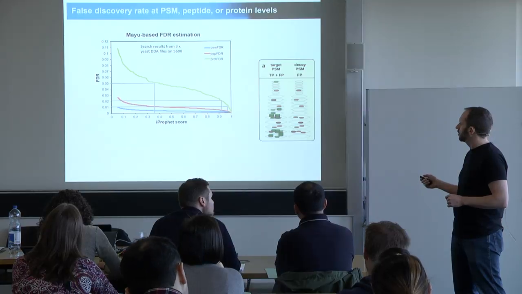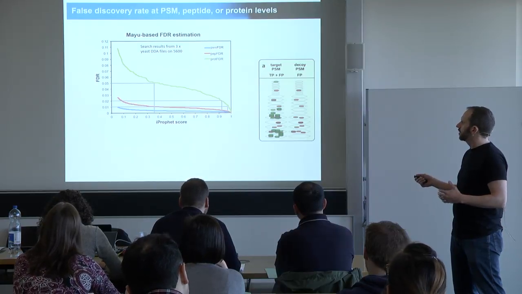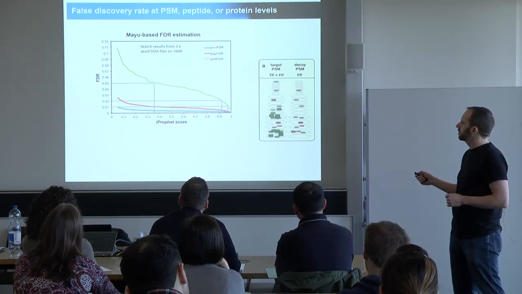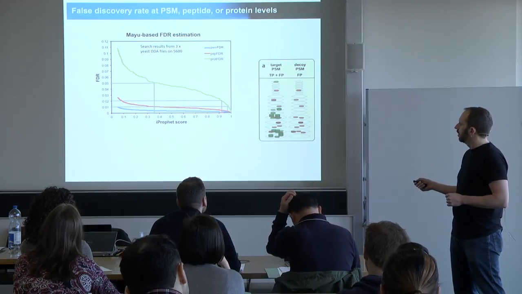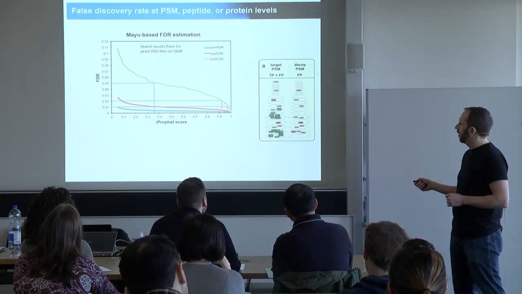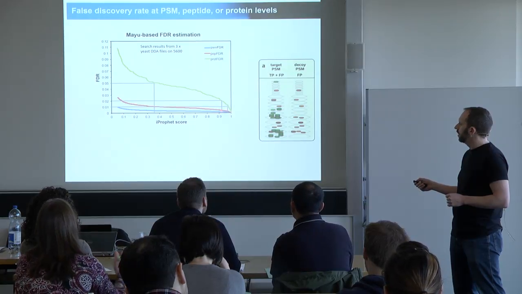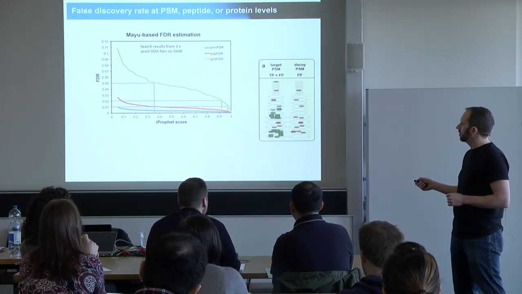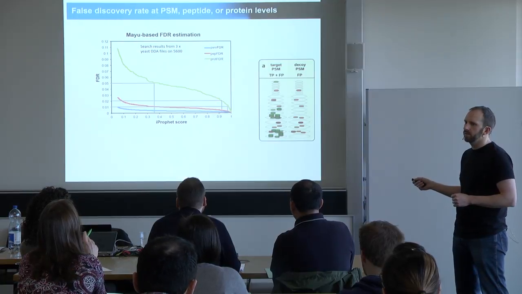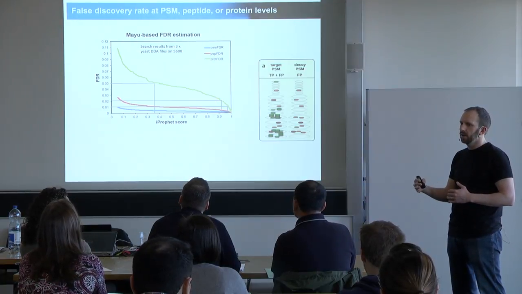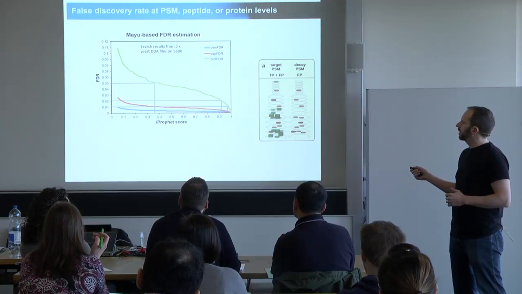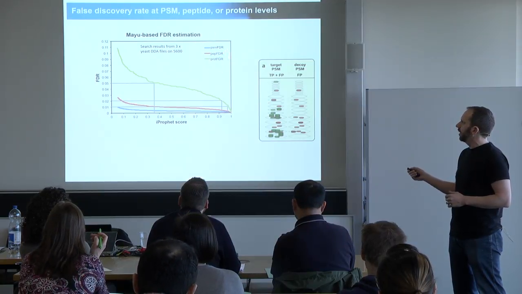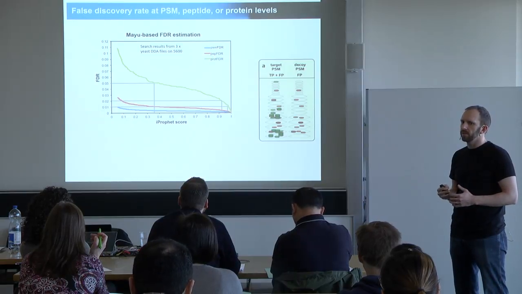This has the result that if you use, for example, decoy counting to estimate these false discovery rates with a fixed score, you can have a relatively low PSM false discovery rate and a relatively low peptide level false discovery rate, but the protein level false discovery rate can become inflated very quickly. So we would argue that it's important to compute the false discovery rate at each of these levels and be aware of them.